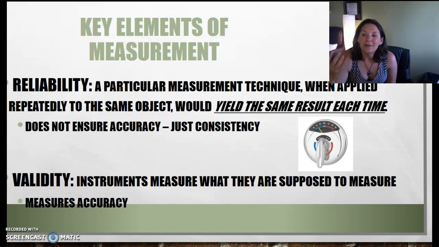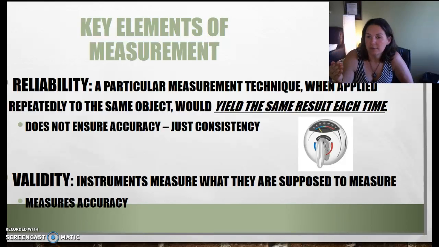So when we ask how reliable is this study, what we're asking is, if we gave this study multiple times, would people score the same, right? Would they get the same result every time? And so that's about consistency. And the difference between that and validity is about accuracy. So validity is asking the question, does it actually measure what it's supposed to measure? So validity is about accuracy.